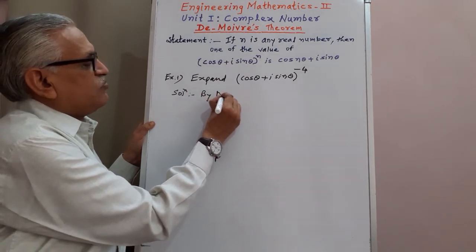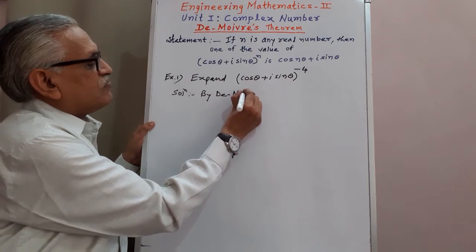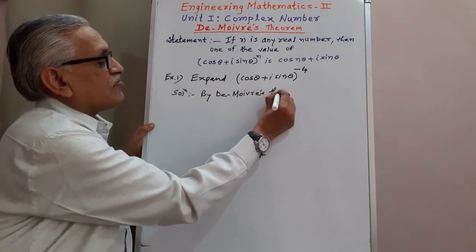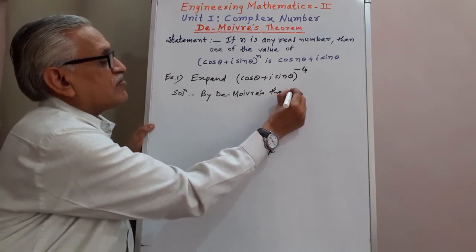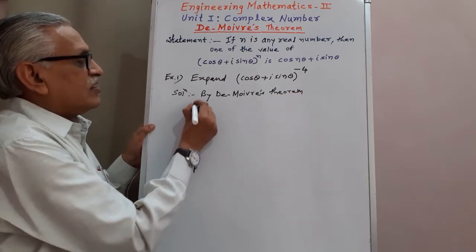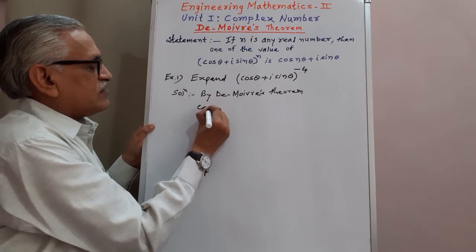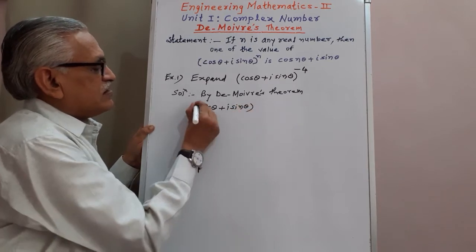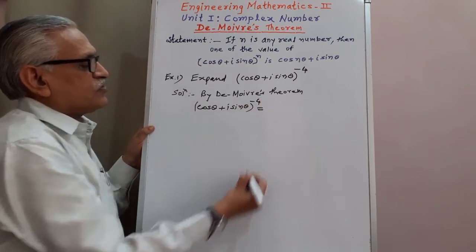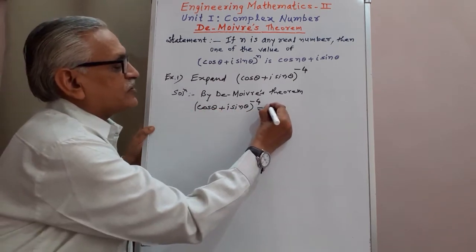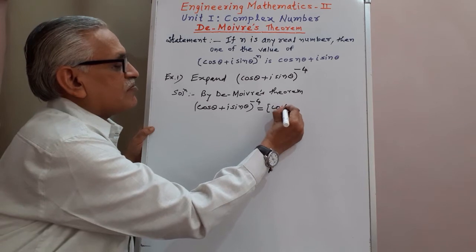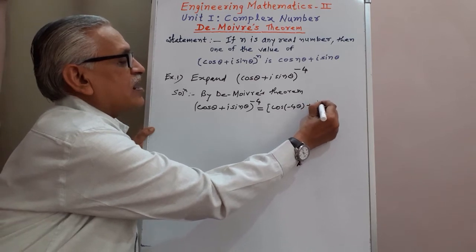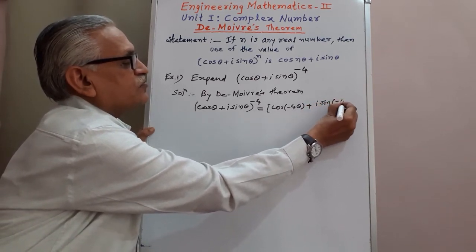By applying De Moivre's theorem, the expansion of (cos theta plus i sin theta) raised to minus 4 is equal to cos of minus 4 theta plus i sin of minus 4 theta.